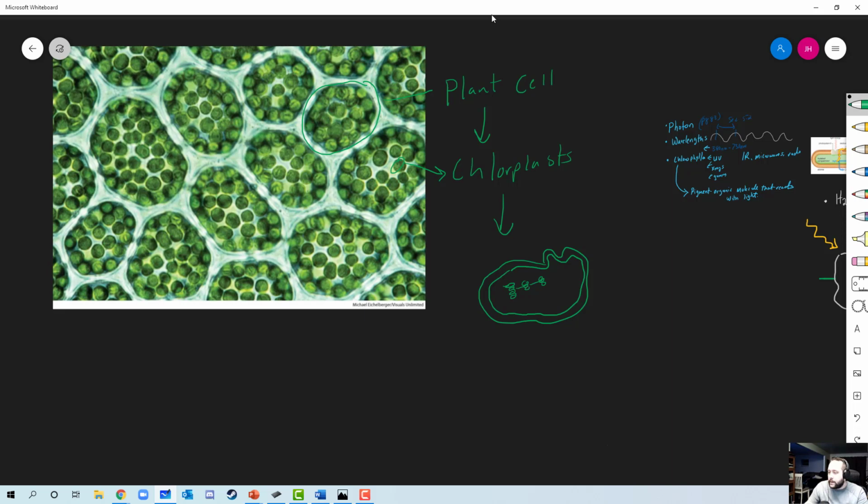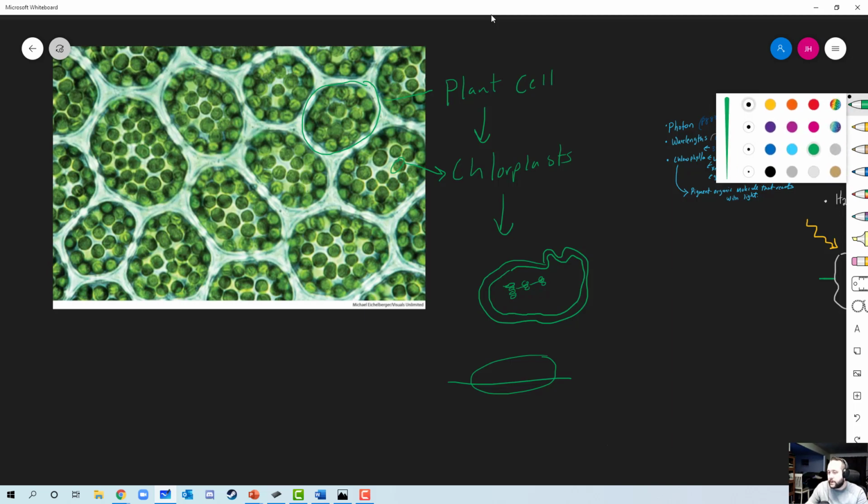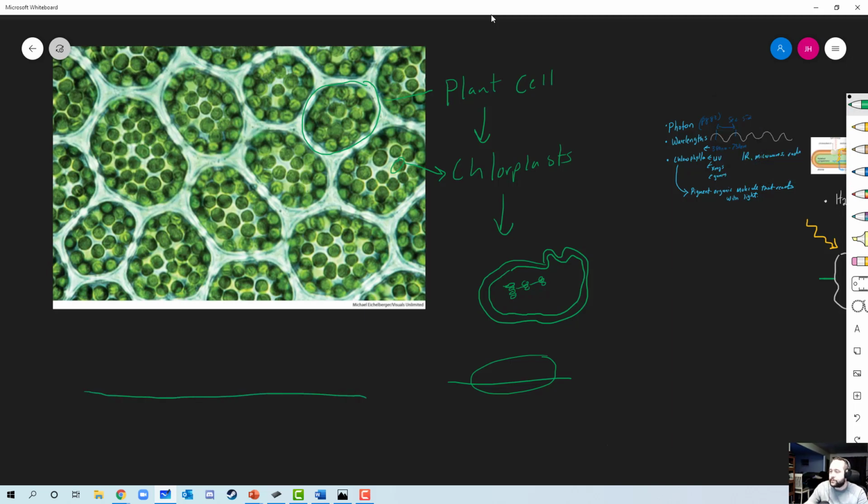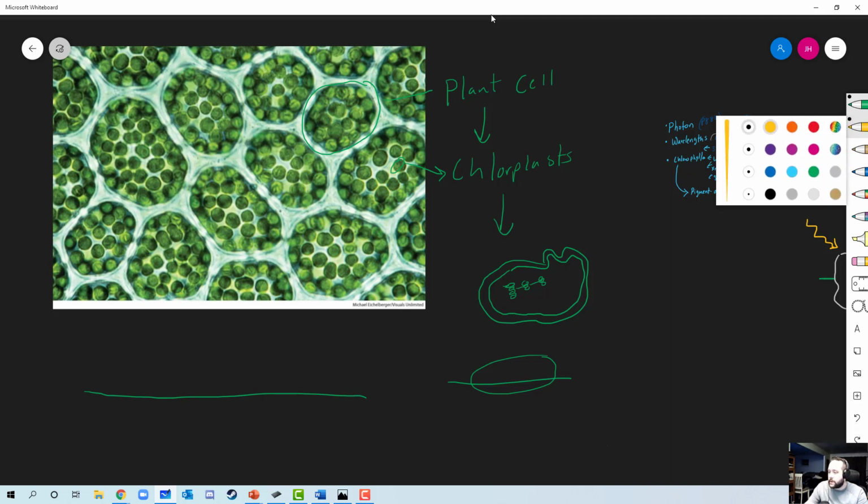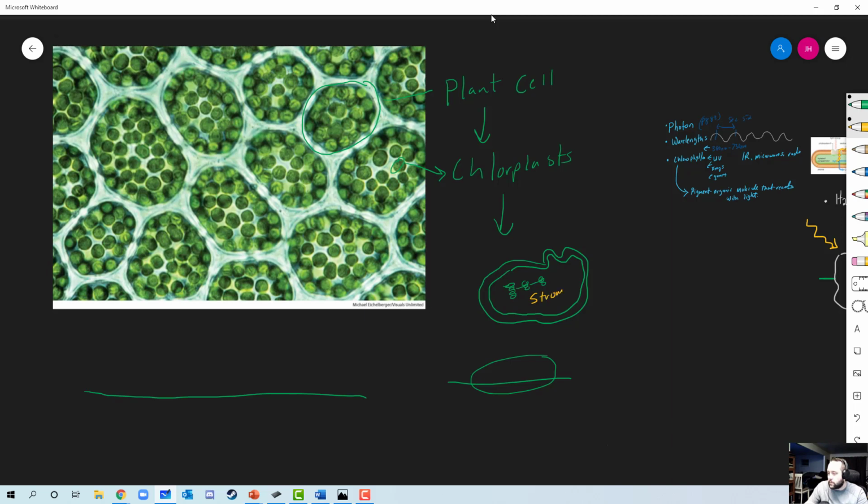If we zoom in on one of those, I'll take a disc and cut it in half, this is where this is going to be taking place, and I'm going to signify that by just drawing a straight line. So this area right here would be called stroma, and it's sort of like a thick cytoplasm where plant DNA is stored and some other things like that.